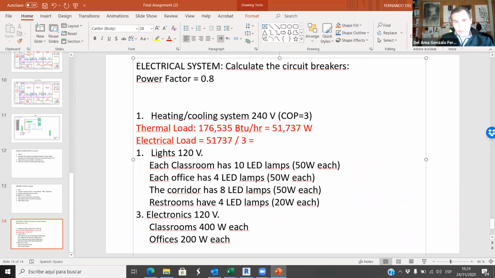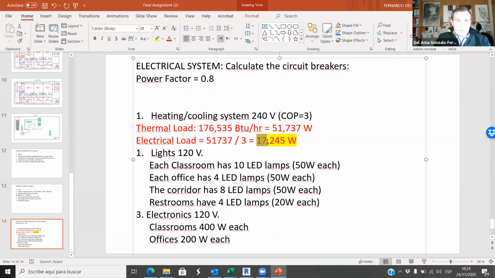So 51,737 divided by 3 is 17,245 watts. Okay, so this is the electrical load that we have to deal with to calculate the circuit breaker.